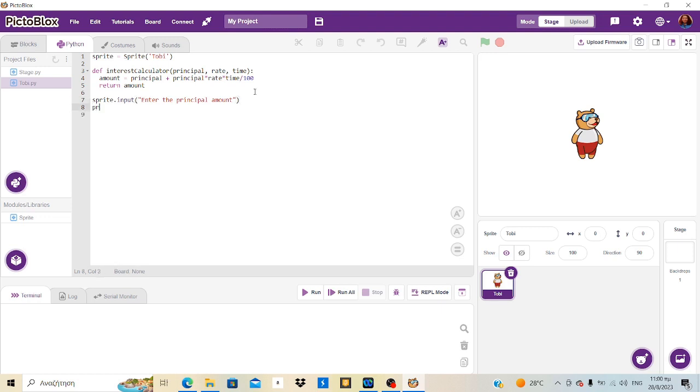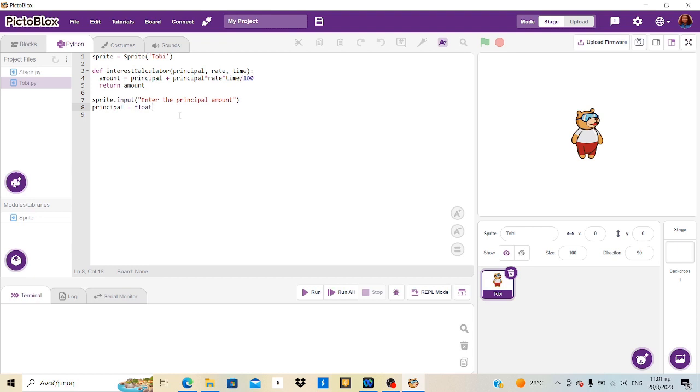Then we have to make principal use float. Float is a function that converts values into floating point numbers.